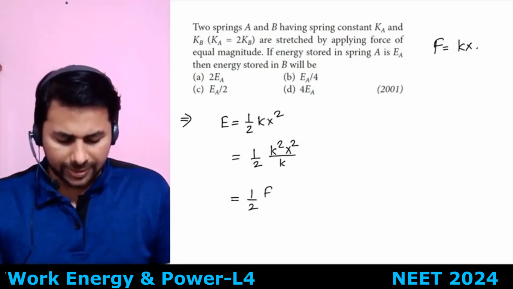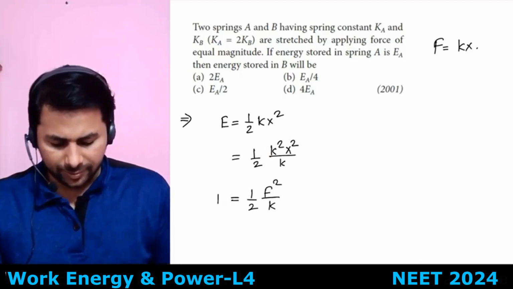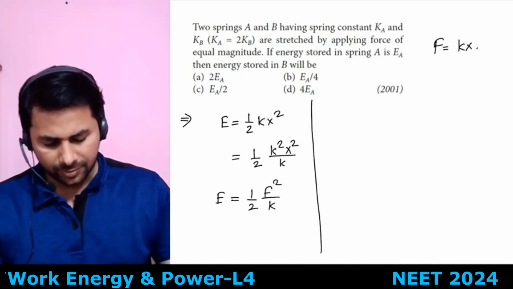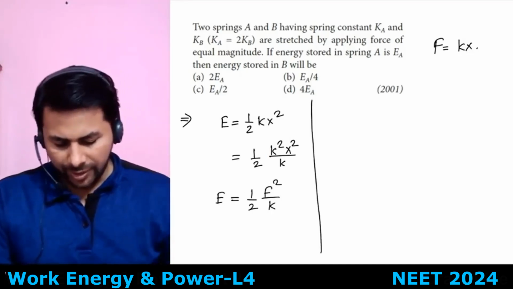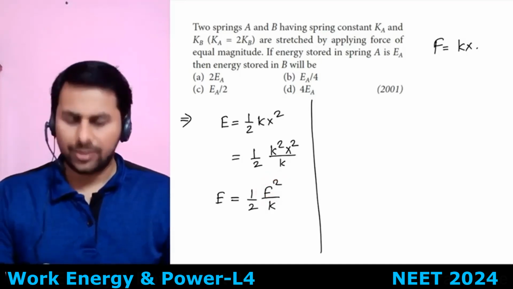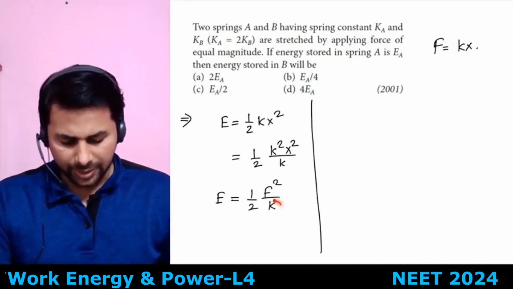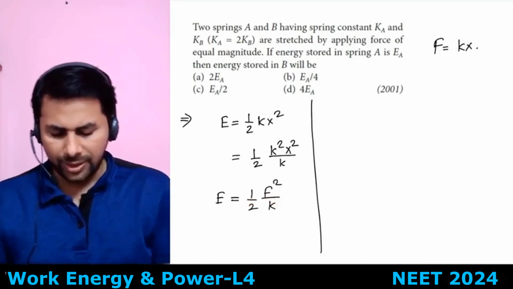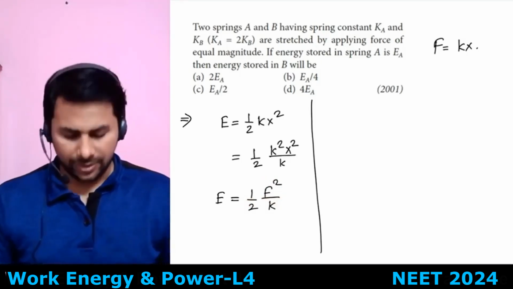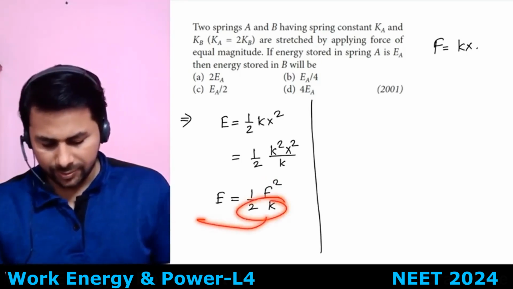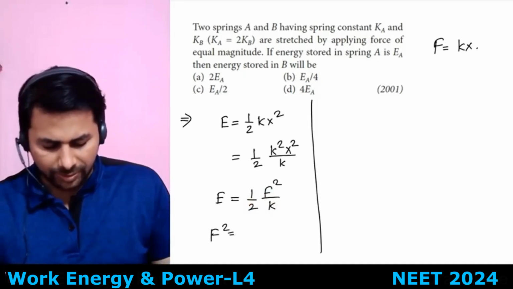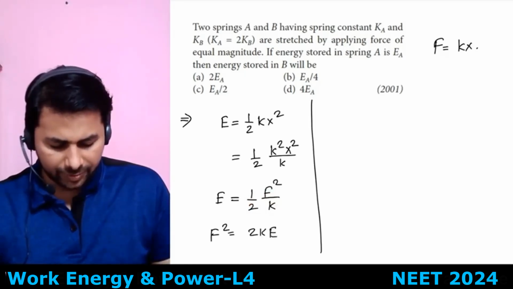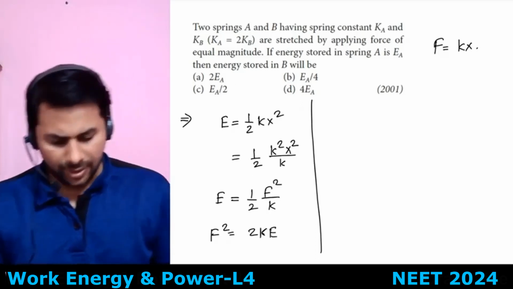So that is half of F square divided by k. And what is equal? F is equal. So therefore I can say 2kE is equal. I will move this to the other side. So F square equals 2kE. This is what I get.